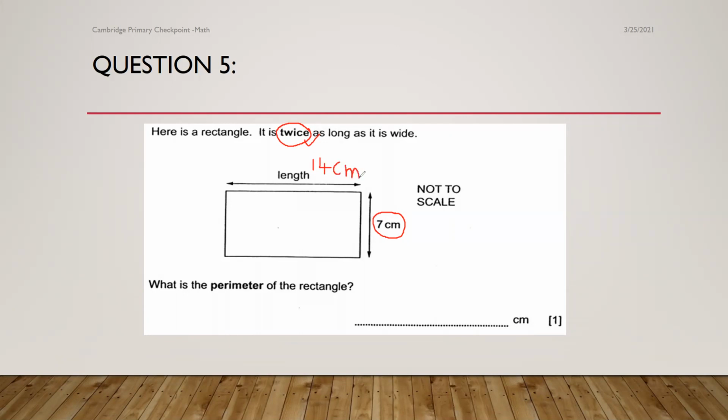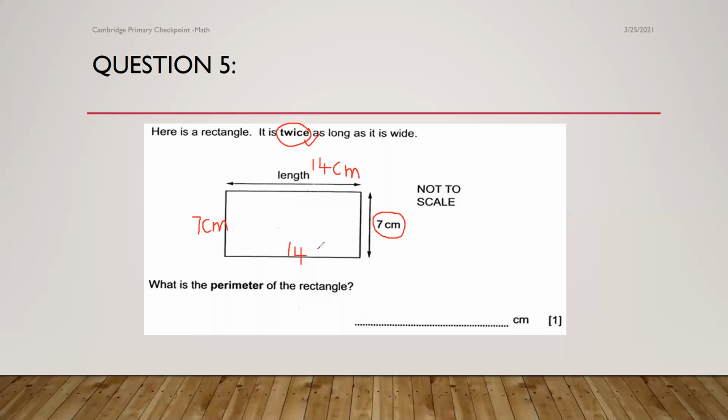After that, the question is, what is the perimeter of the rectangle? We know how do we find the perimeter? By adding all the 4 sides. So if this side is 7 centimeters, this side also 7 centimeters. And if this is 14, this side also will get as 14.